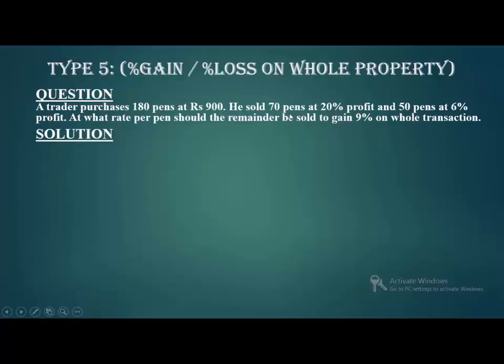He sold 70 pens at 20% profit and 50 pens at 6% profit. The profit on the whole transaction is given as 9%. Then at what rate per pen should the remainder of the pens, that is 180 minus 70 minus 50 pens, be sold? Let us see how to proceed.